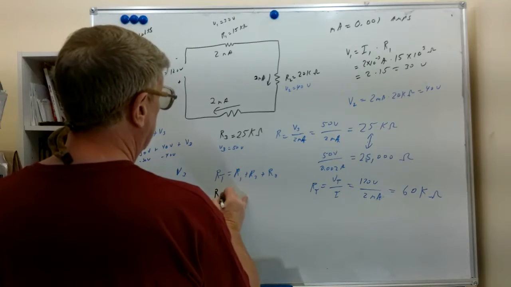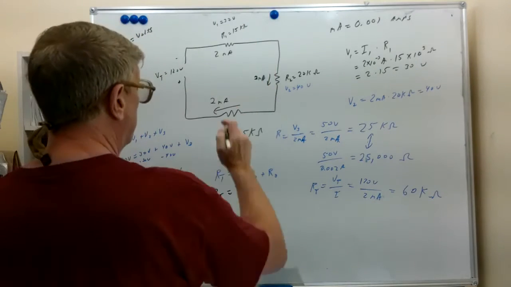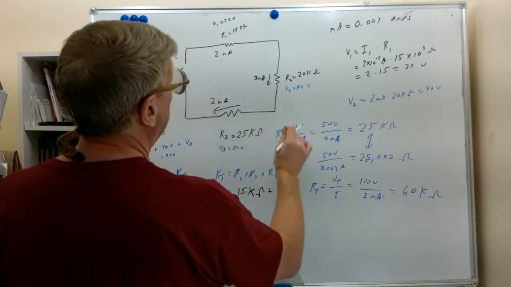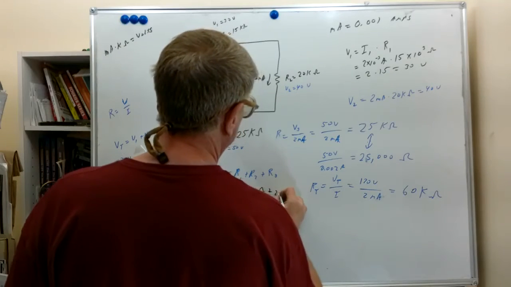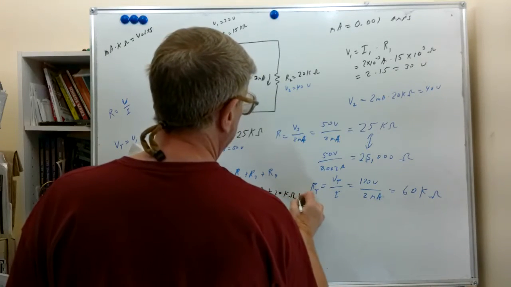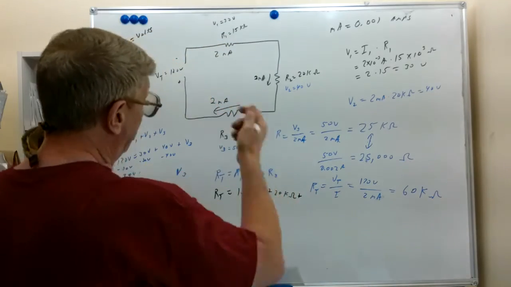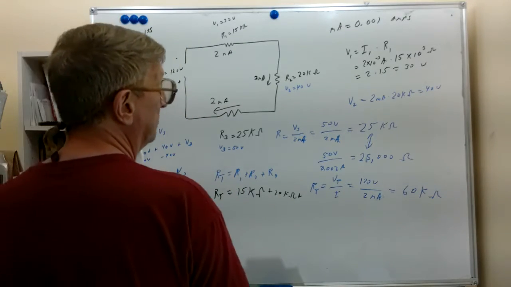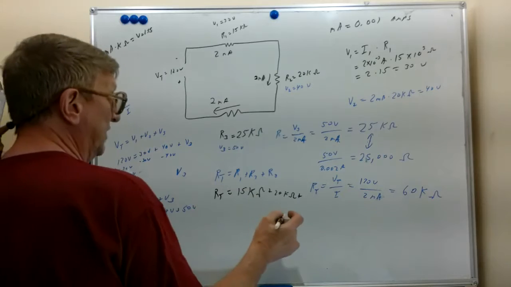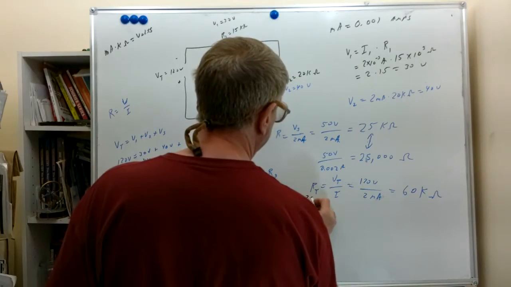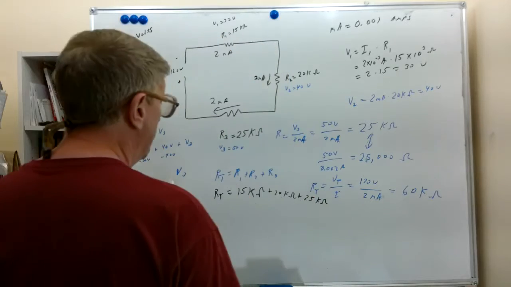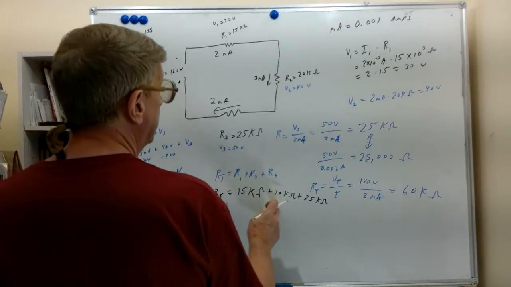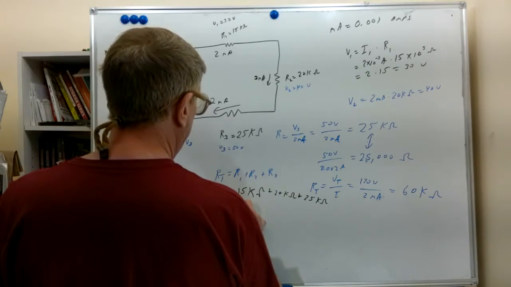RT is equal to R1, which was given, 15K ohms, plus R2, which was given, 20K ohms, plus R3, which wasn't given to us, but we just calculated, so let's use what we calculated here, 25 K ohms. So let's add that up. RT equals 15 plus 20, 35, plus 25, 60 K ohms.